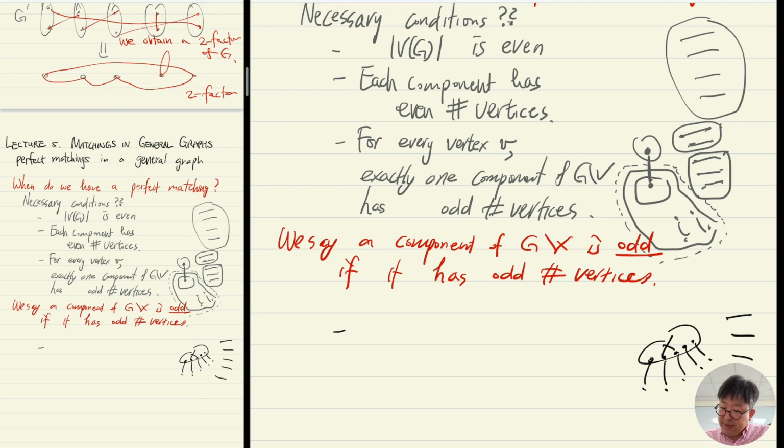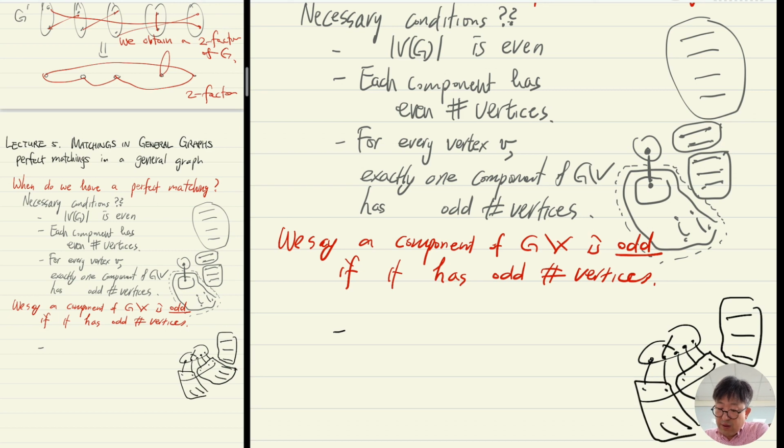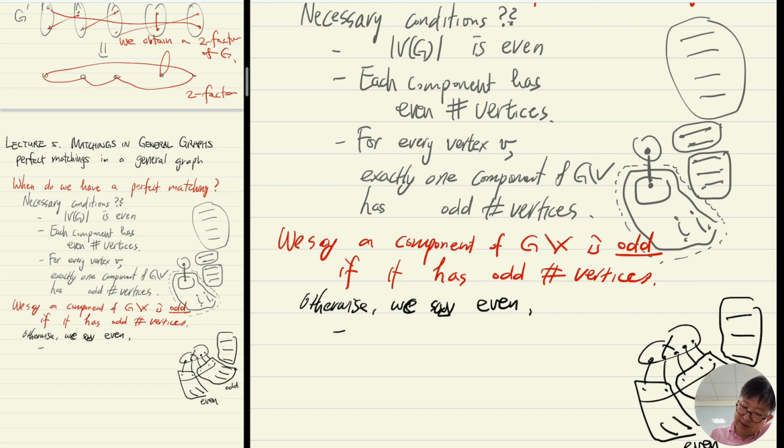Any component not touching any of these 5 vertices will have an even number of vertices, and some components may touch it. Some component touches an even number of them, but yes, so this is an odd component. This is an even component. Otherwise we say even.